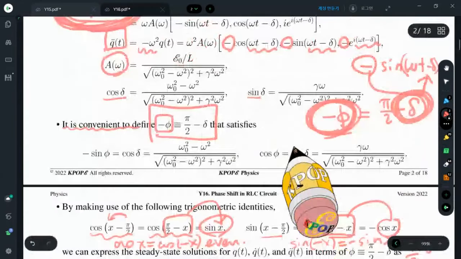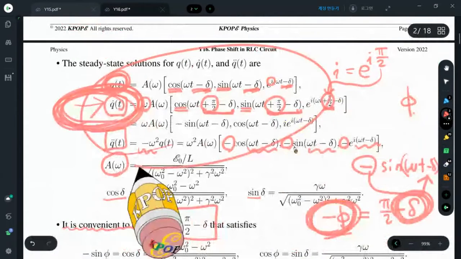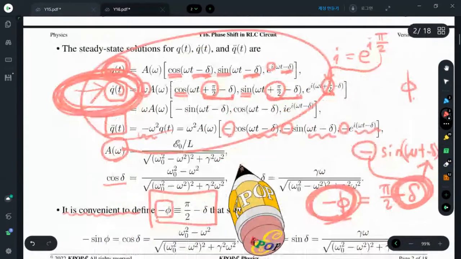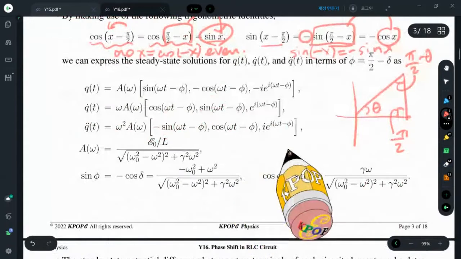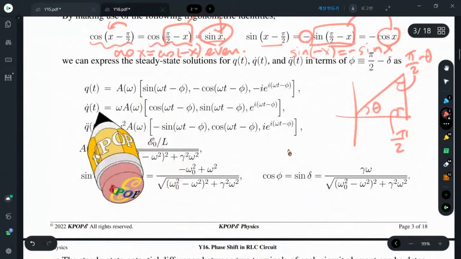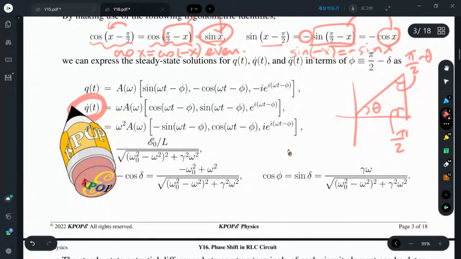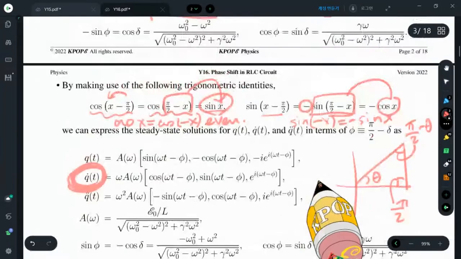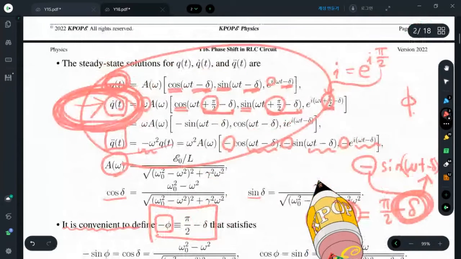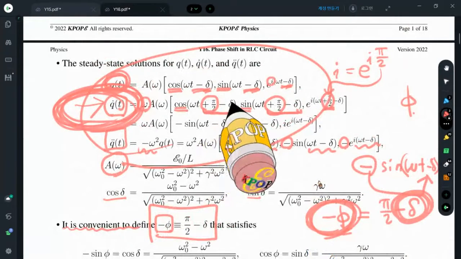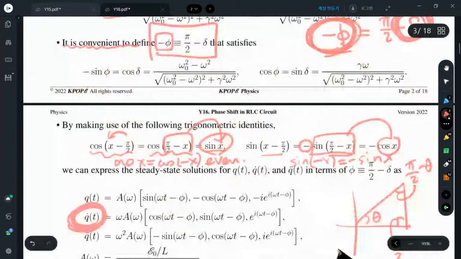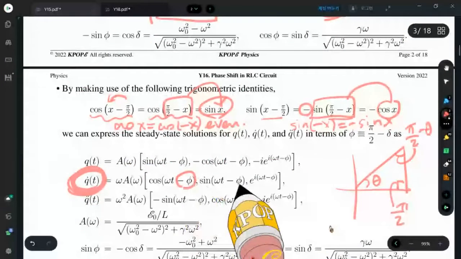Anyway, what we have found previously can be interpreted in this form. Now, current I is our reference. Half of pi minus delta has been replaced with minus phi.